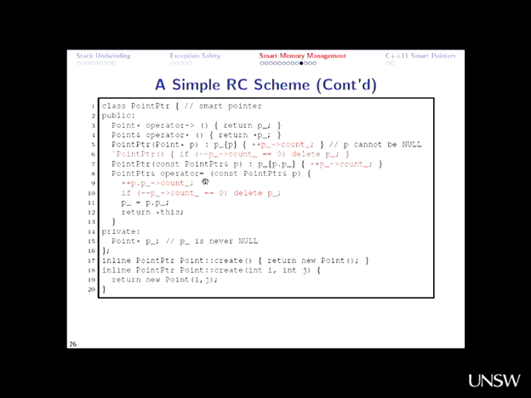Copy assignment. This one's a little bit tricky. Copy assignment. You're increasing the reference count to what you're assigning to. You're decreasing the reference count to a pointer that you were previously referencing, because copy assignment, remember, you're replacing your internal content.